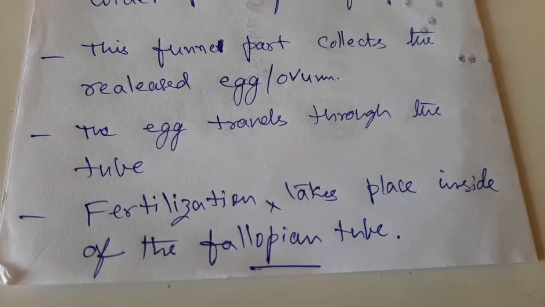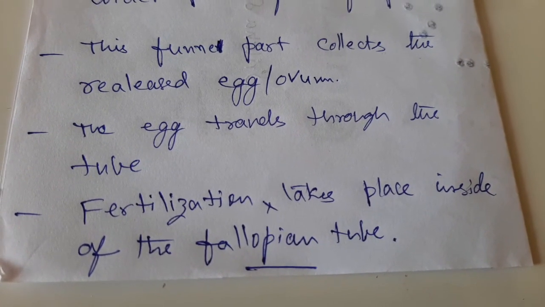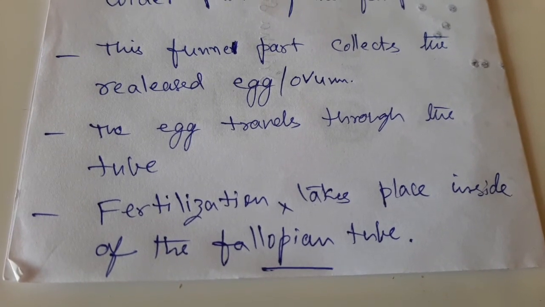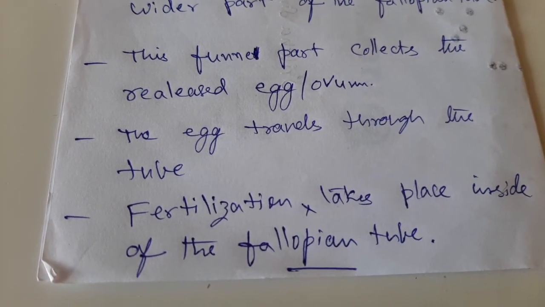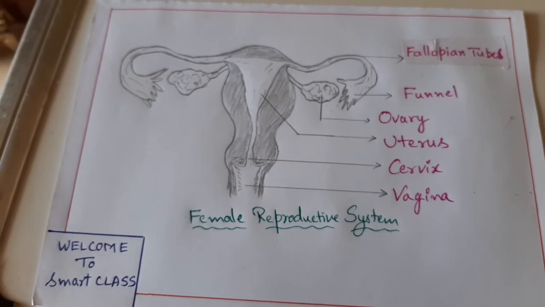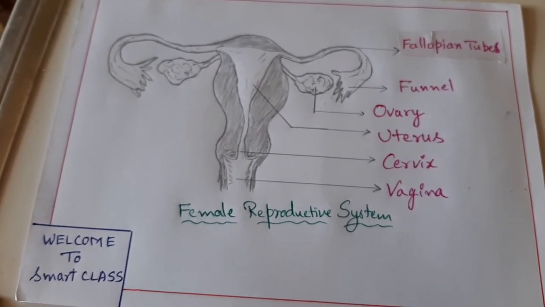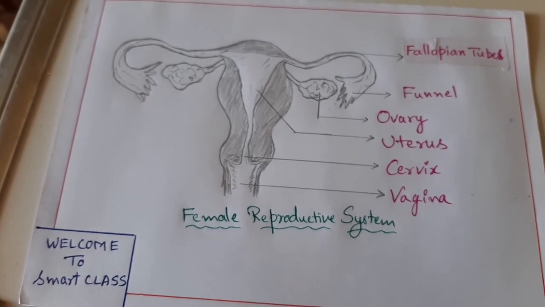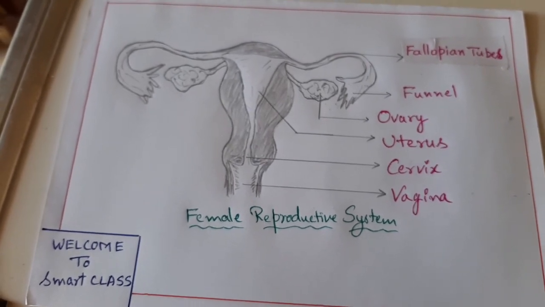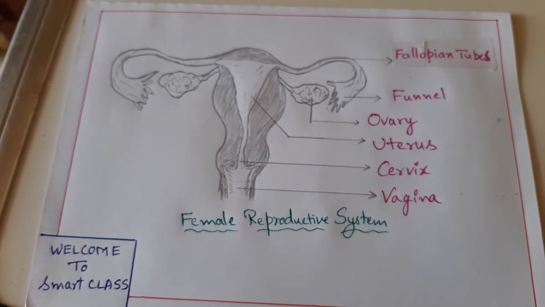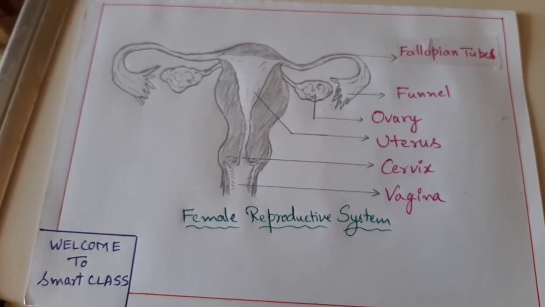Fertilization and zygote formation take place inside the fallopian tube. So this is about female reproductive system, the parts and the functions of the parts. Okay. All the best. Thank you very much.